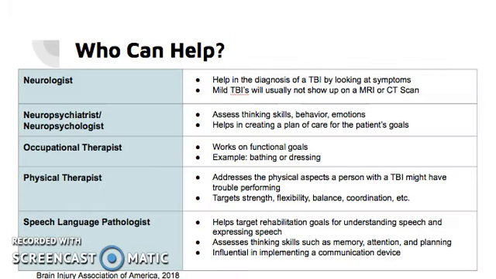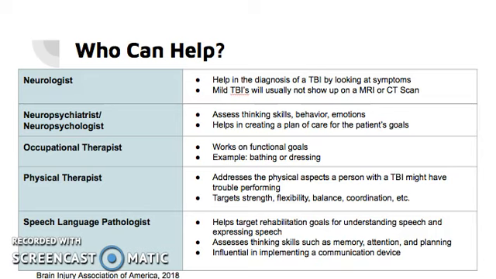So, who can help? Multiple professions play a role in the diagnosis and treatment of a traumatic brain injury. This is not a complete list of all the professionals that someone with a traumatic brain injury would see, but some of the professionals include a neurologist. A neurologist can help in the diagnosis of a TBI by looking at the symptoms.